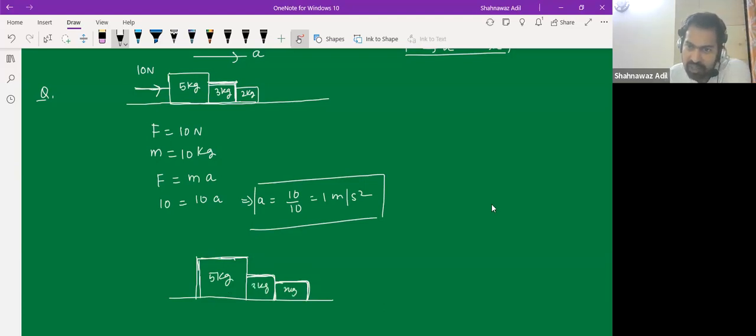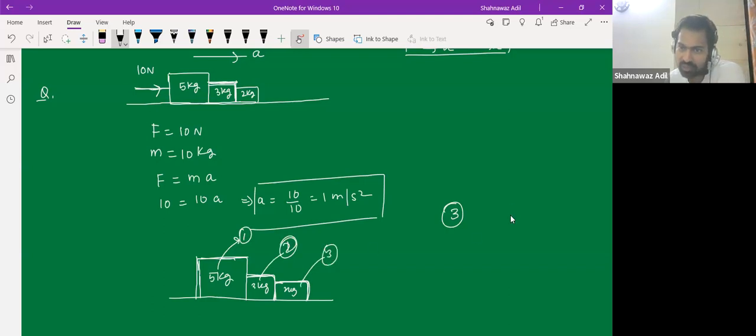How many free body diagrams would there be, guys? Three, right? So there would be three free body diagrams. This is one, this is two, and this is three.